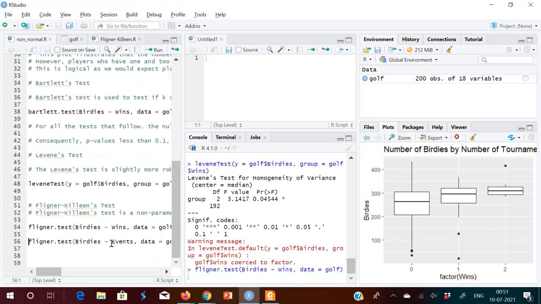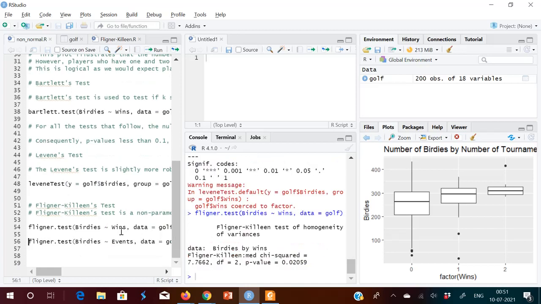So you get a p-value of 0.02. If you are taking alpha value as 0.01, you go by the null hypothesis and say there is no difference in the variance.